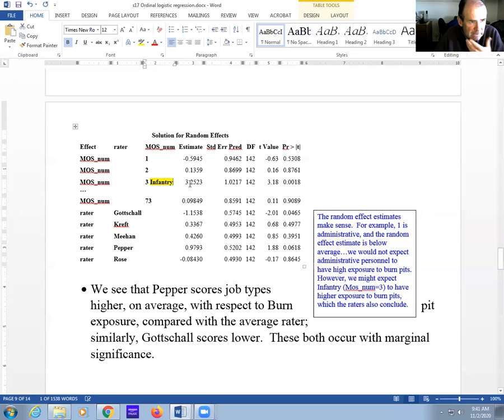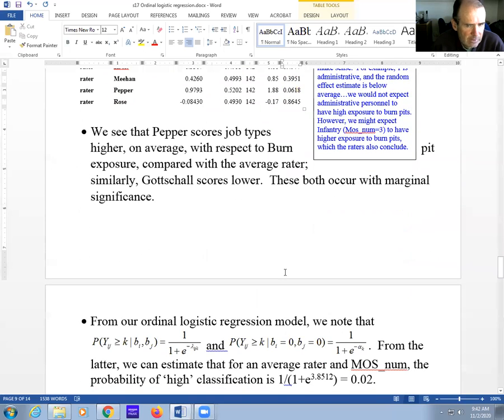And so it's much higher, and that's not a surprise, right? We would guess, even probably you and I would expect higher exposure for people that are out in the field more, and maybe they have to go to the burn pits more and things like that. And it's highly significant. So it's kind of an intuitive data set. Really is one of the reasons why I use this.